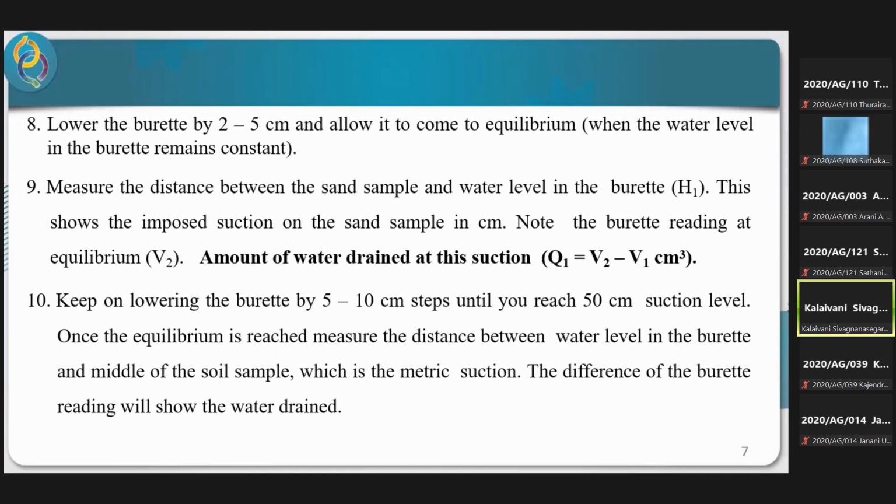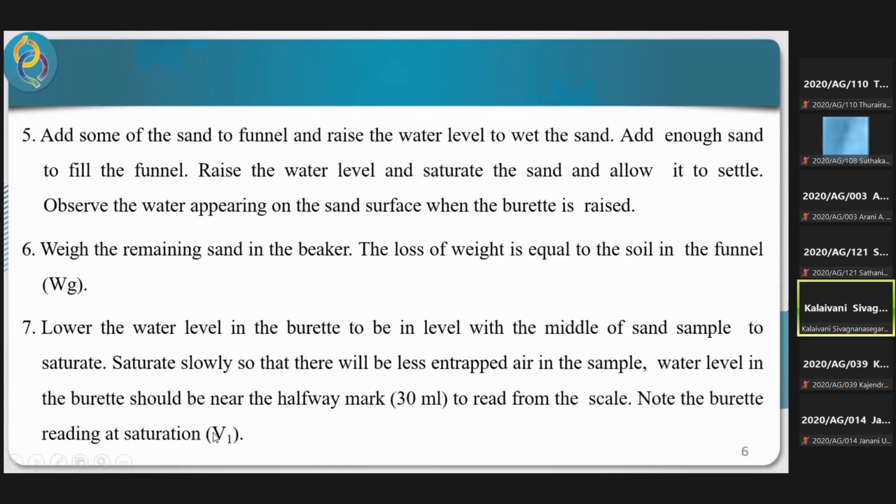Then after, you have to note the burette reading. That one is V2. Earlier you got one reading at saturation, V1.